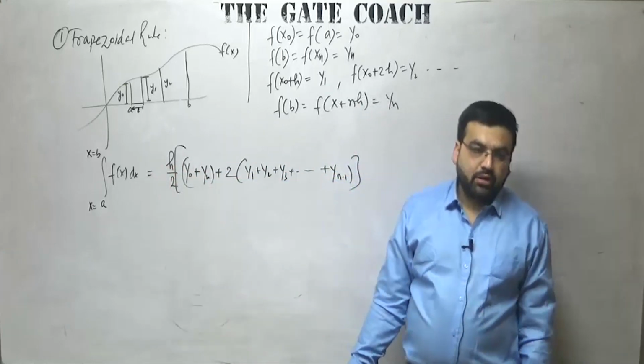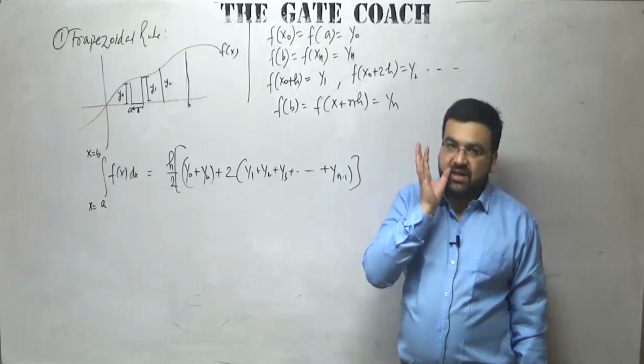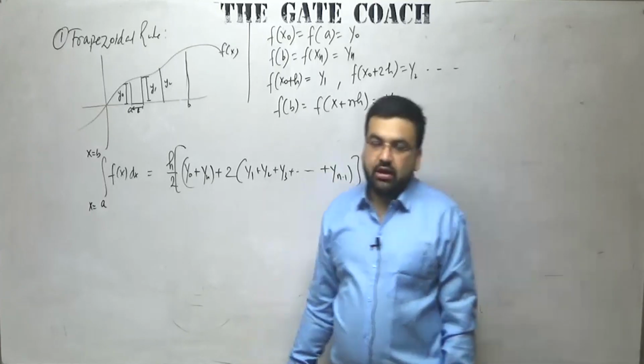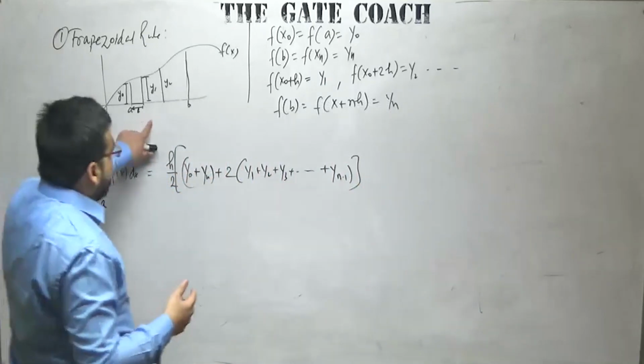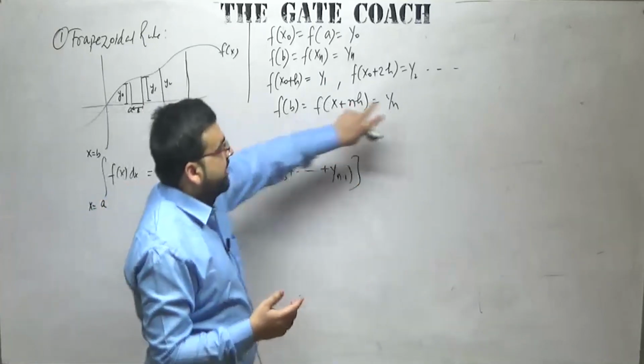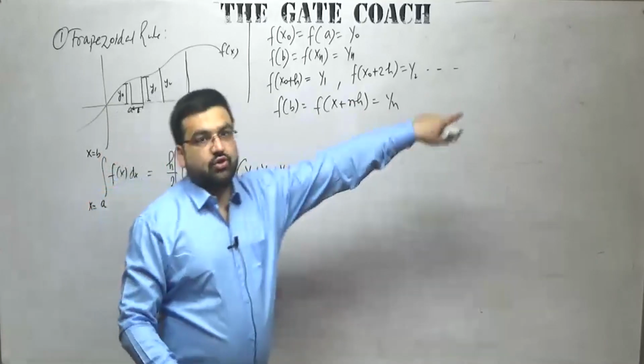Very simple. So we go with the trapezoidal rule. Otherwise, you are correct that if you increase the value of n, you will get much more exact values, because out of the trapezoidal, Newton 1/3, Newton 3/8 and Weddle's rule, the most accurate is Weddle's rule.